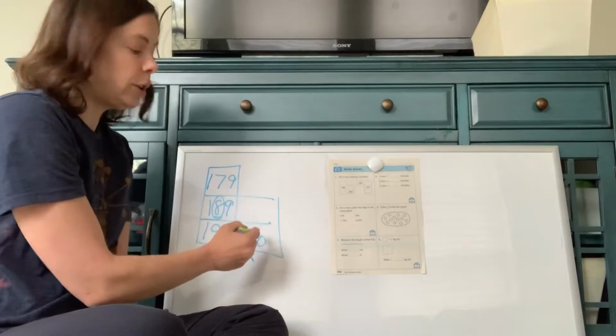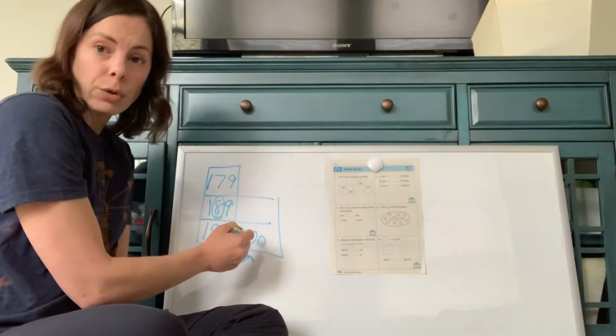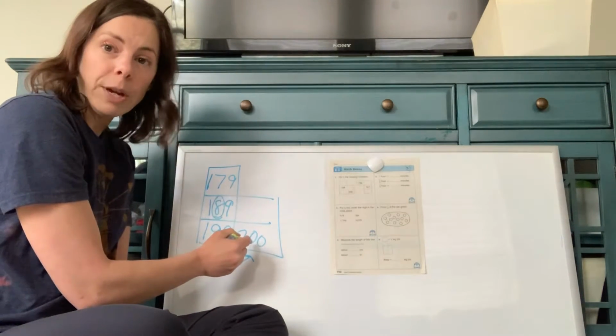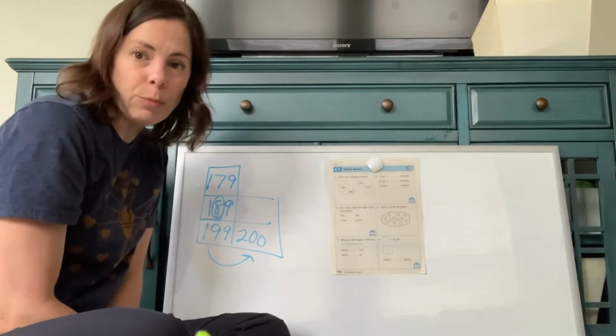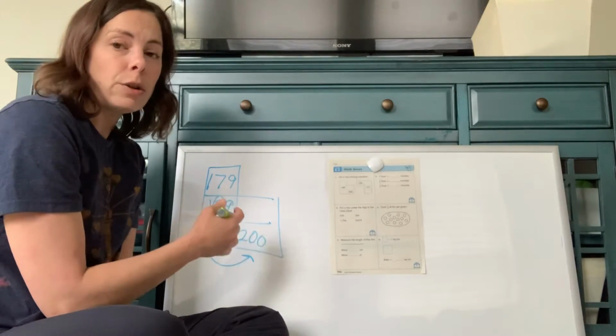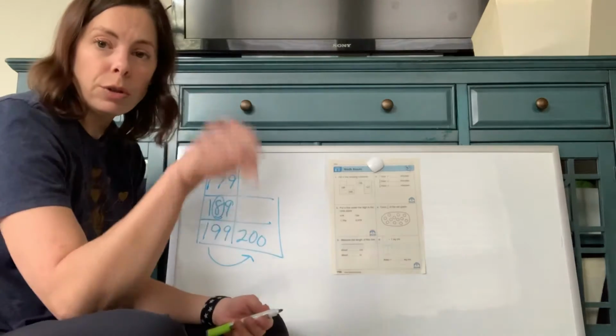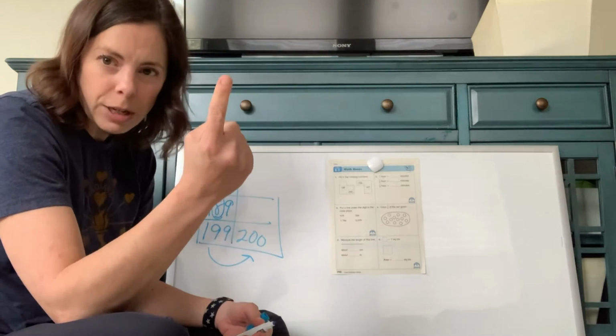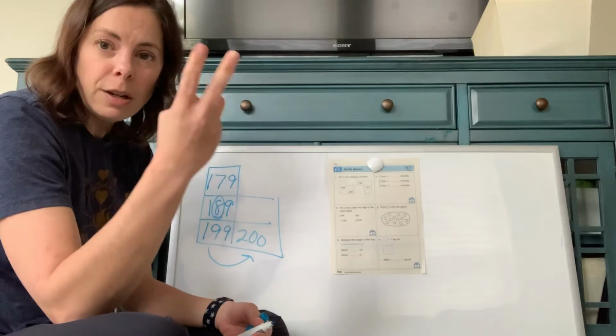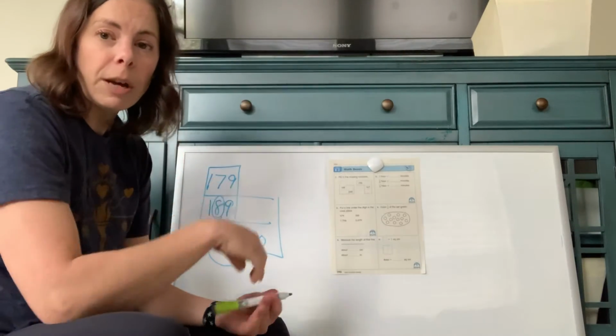Now this is where it gets tricky. If I have 200, and I take away 10, I'm not in 200 anymore. My hundreds have changed. So I can do it this way. I can take away 10 from 200, 200, 199, 198, 197, and keep counting.